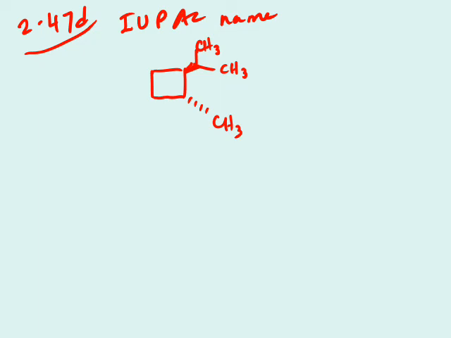Now, before I name this compound, first I need to know whether these two groups are on the same side of cyclobutane or on opposite sides. Since one has the thick line, the other one has a dashed line, obviously they are opposite. The thick line substitution group is toward you and the methyl group is away from you. Now what group is this? Keep in mind this corner also has a carbon.